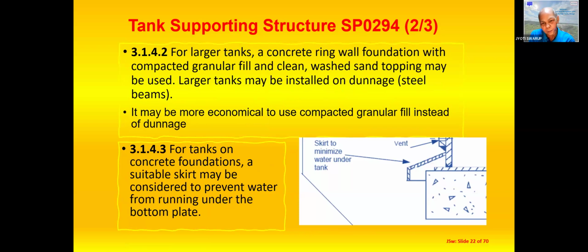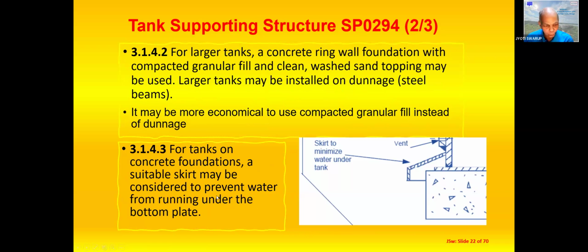For larger tanks, a concrete ring wall foundation with compacted granular fill and clean washed sand topping may be used. Larger tanks may be installed on units. It may be more economical to use compacted granular fill sand instead of units.